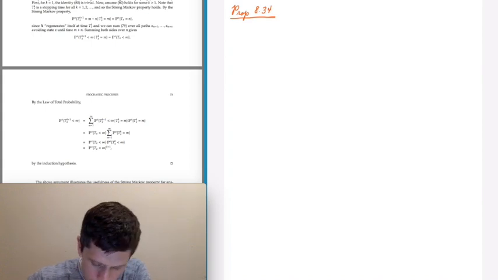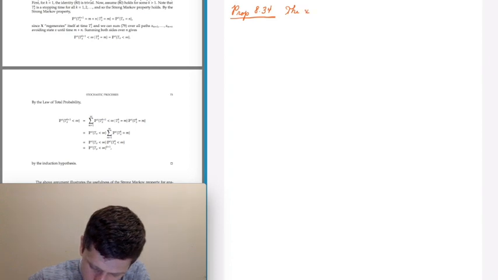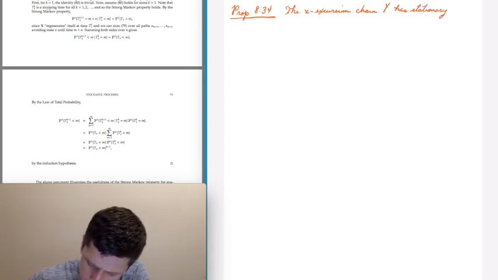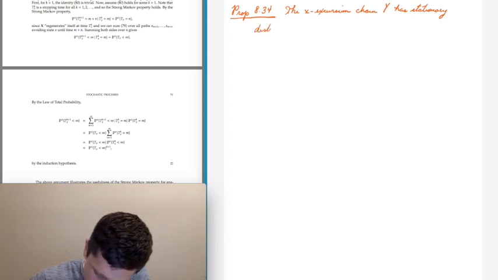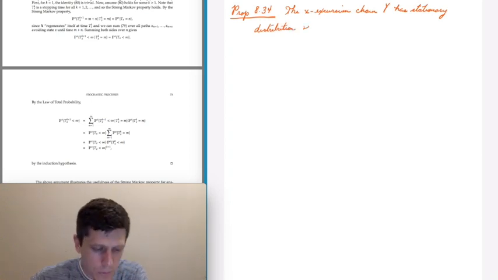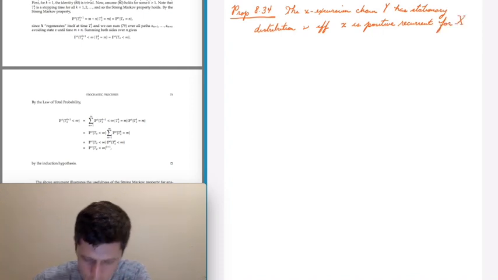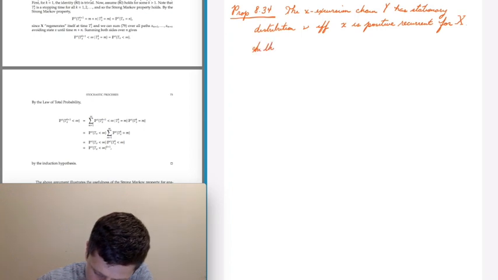So the excursion chain Y has a stationary distribution nu if and only if, first of all, x is positive recurrent for the chain X, and in this case we can actually write down what the stationary distribution has to be.